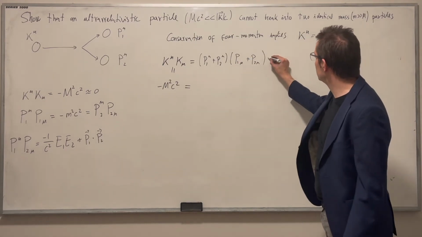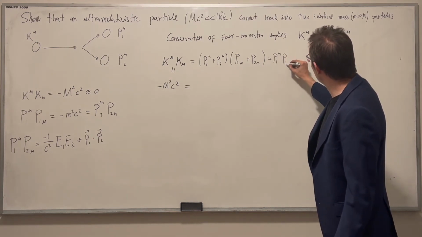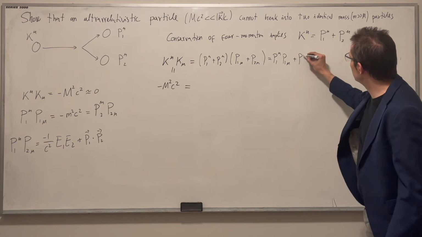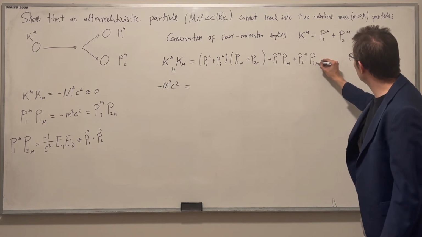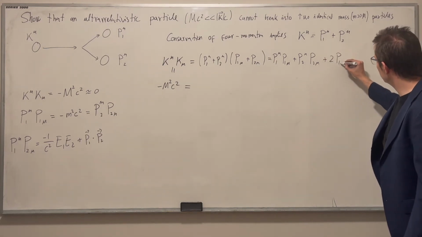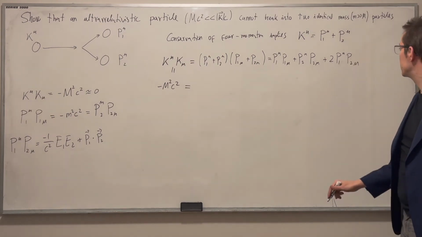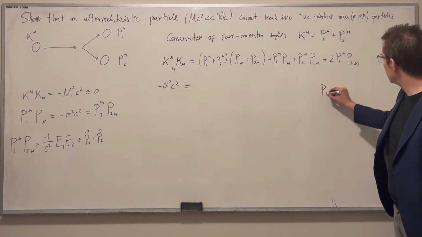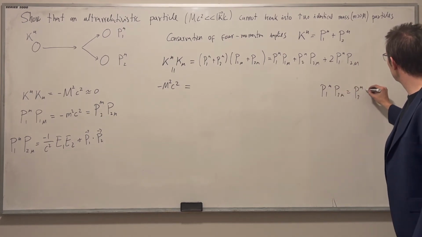All right, so what is this? This is P1 mu P1 mu plus P2 mu P2 mu plus twice P1 mu P2 mu. All right, because of course we know that P1 mu P2 mu is equal to P2 mu P1 mu.